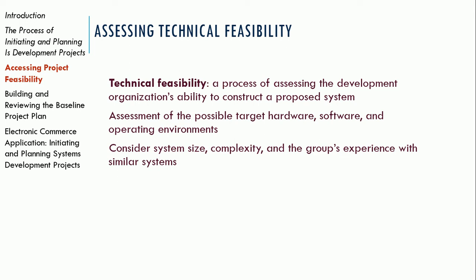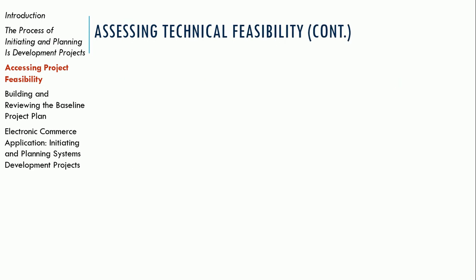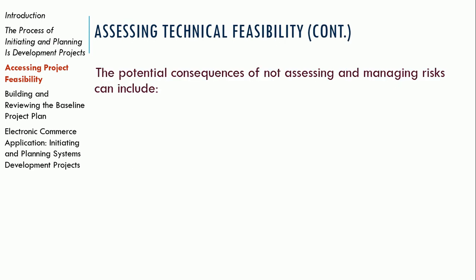Is it more important that they understand the database engine and can figure out the other stuff, or is it more important they know the web server software and can figure out the database engine? I have to figure out which one of these is more complex. Again, this is where experience comes into play for a systems analyst, how they evaluate these. But this is certainly something you would look at as far as the appropriateness of a project.